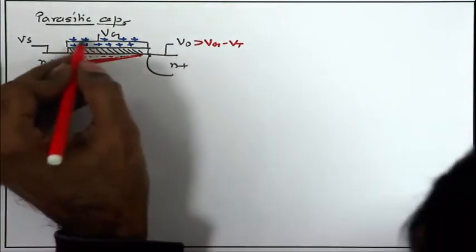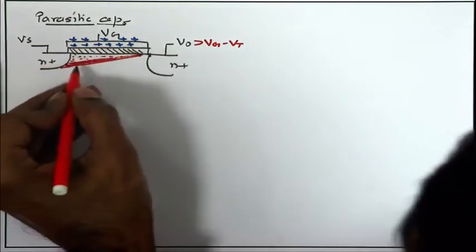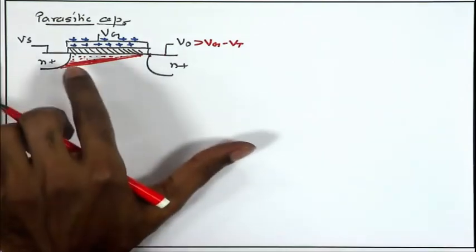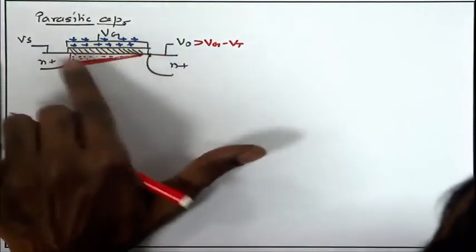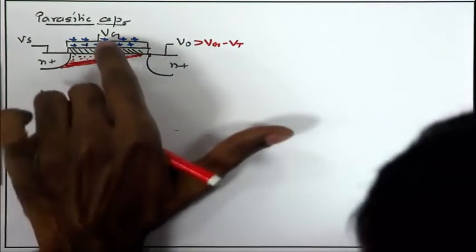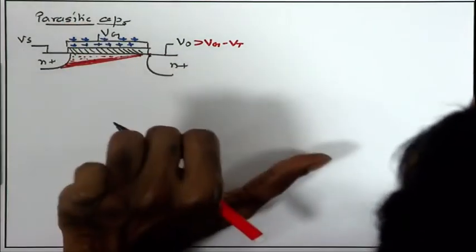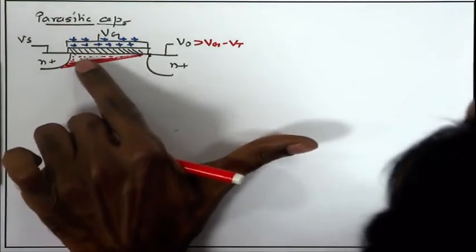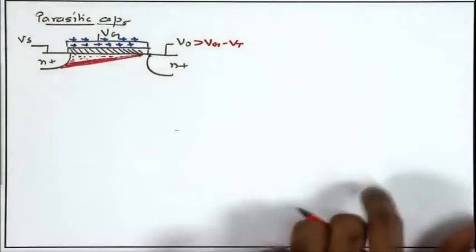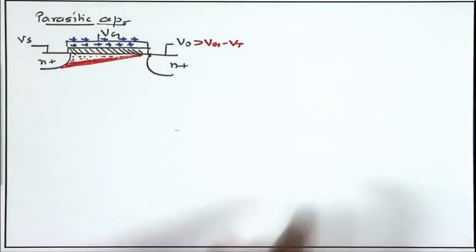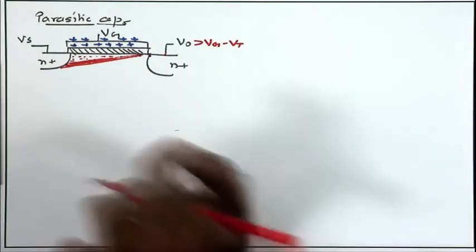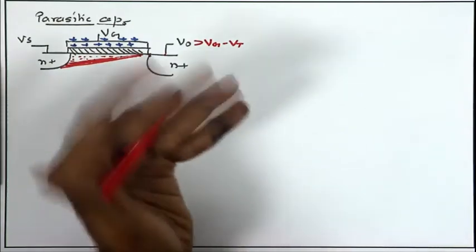So, there is a charge storage mechanism present in the device. Whenever there is a charge storage mechanism in a device, we say that there is an equivalent capacitance present, because capacitance determines the charge storing capacity of the device.